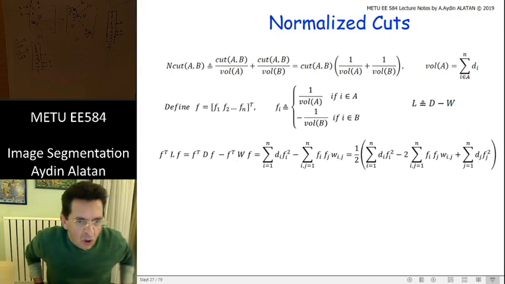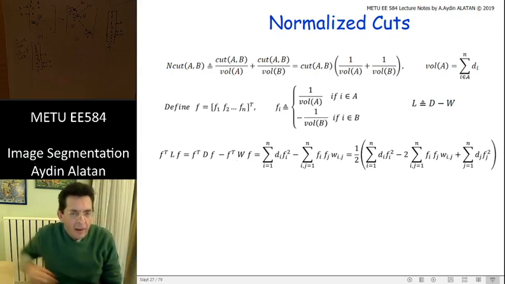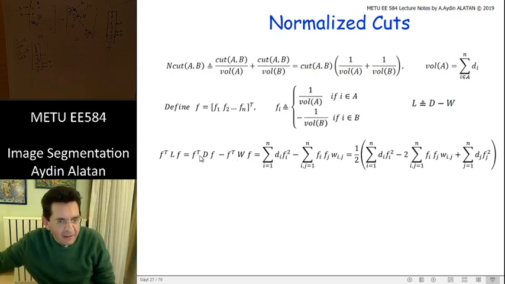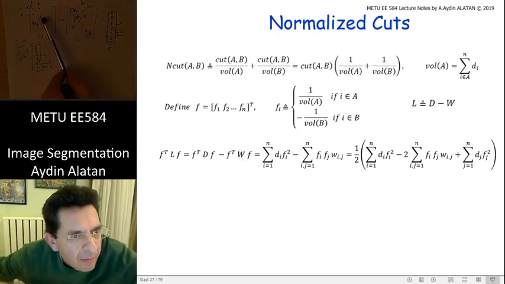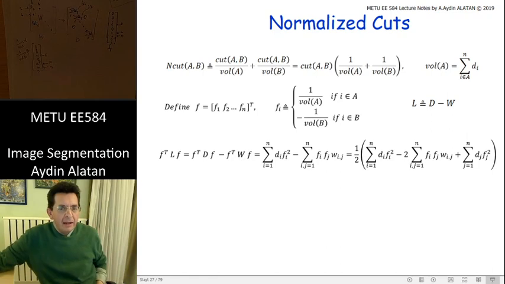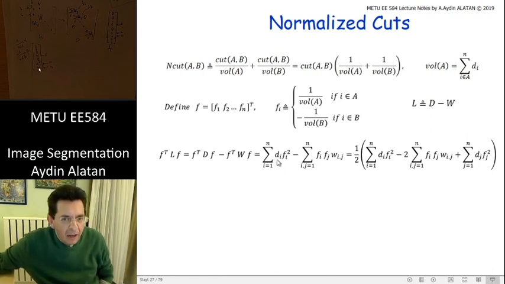First I would like to show one little thing to you. This D and W are obviously related to each other, as here. Therefore, for this term, it will be nothing but f_i squared, since D is a diagonal matrix. Only the f_i squares will be non-zero, i from 1 to n.